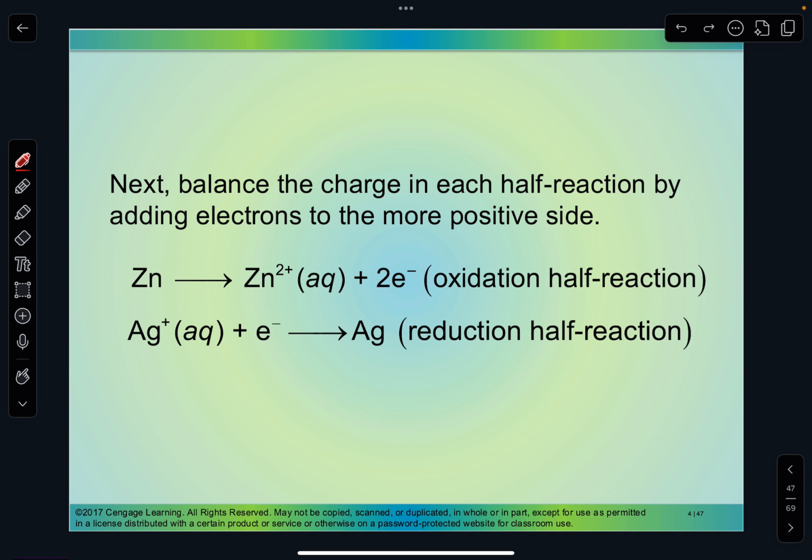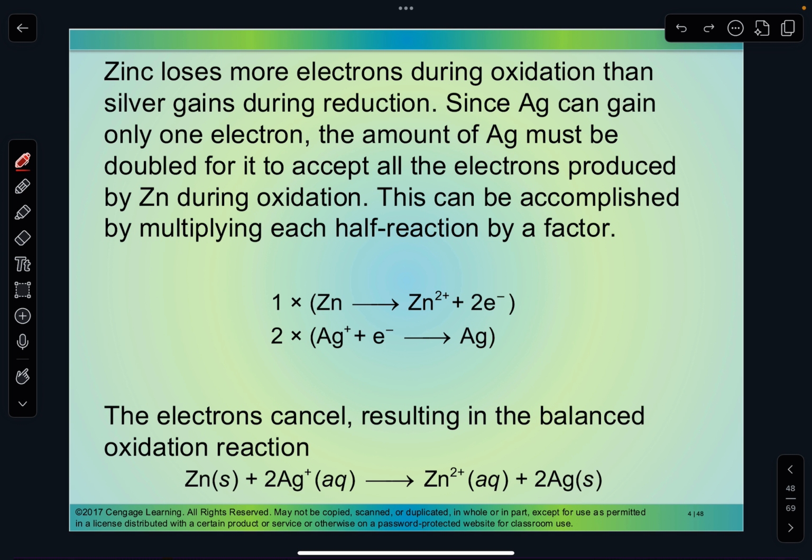And the next step is going to be written here. So this is exactly what it says. If you have 2 electrons being lost and 1 electron being gained, you need to multiply this by 2 in order to get those electrons to be the same. That way, our entire reaction is going to look like this. Zn0 plus Ag.